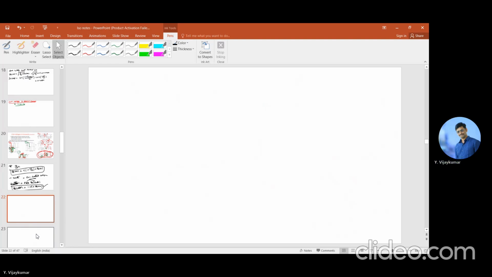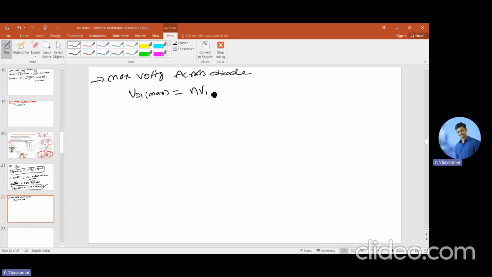The output voltage across the diode D1 here. So what is the maximum voltage across the diode? Maximum voltage across diode D1: VD1 maximum is equal to N times V1 plus the peak overshoot voltage of D1.